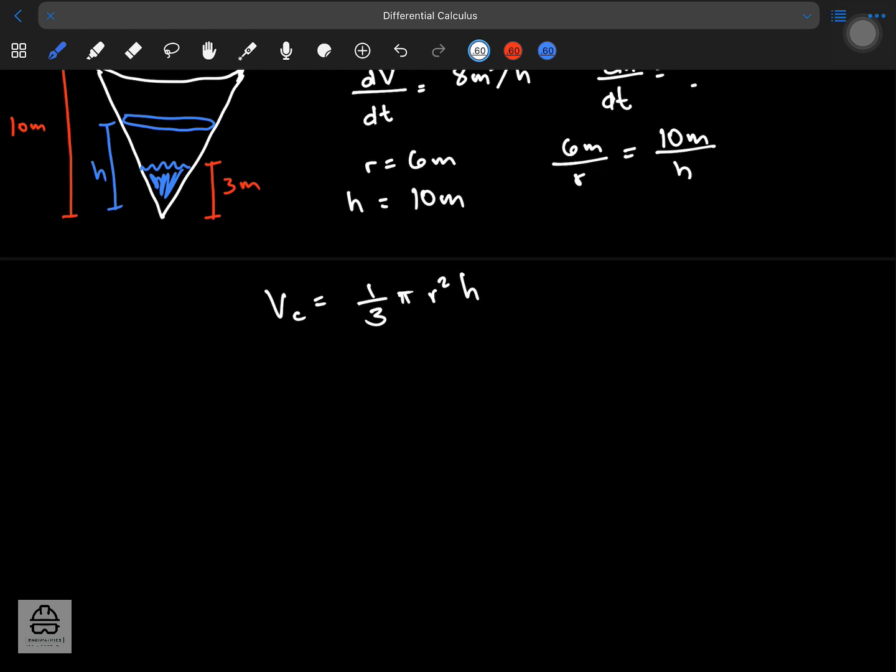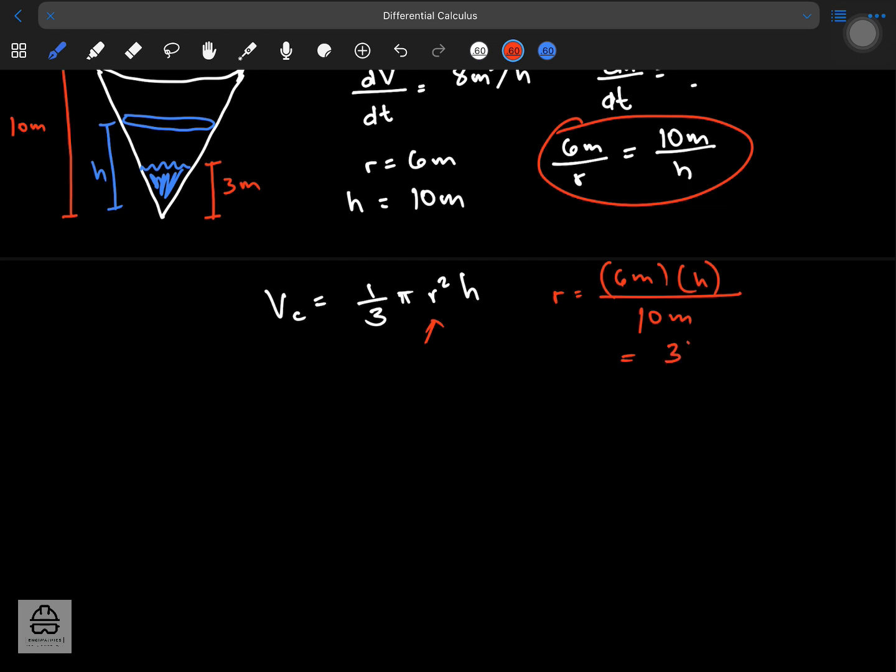Okay? So our radius here, galing po siya dito. Our radius would be 6 meters times the height divided by 10 meters. And if we simplify this, reduce the value, that would be 3h over 5.